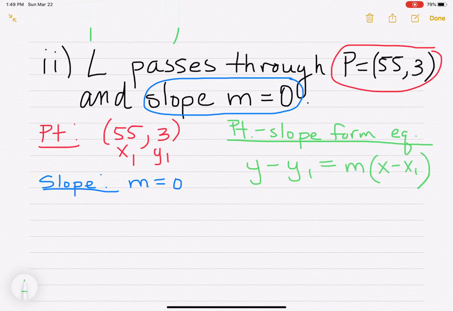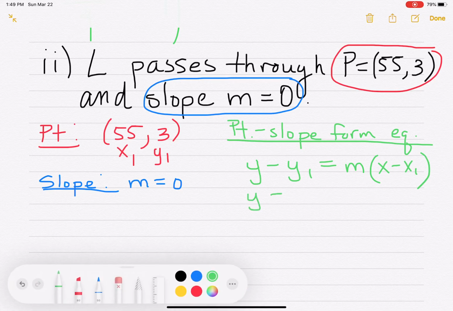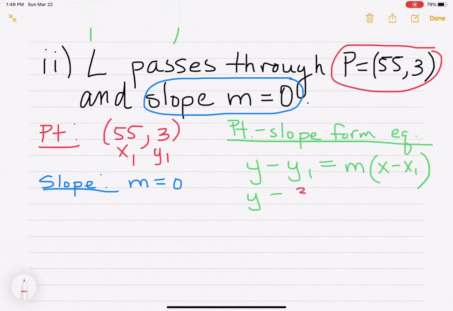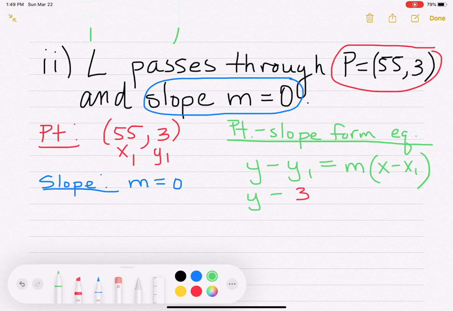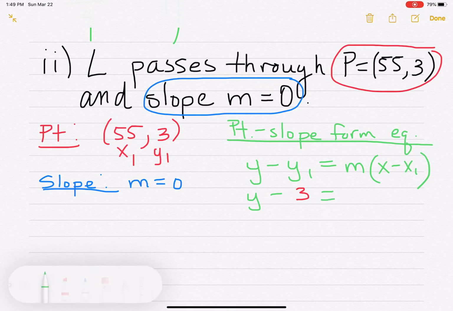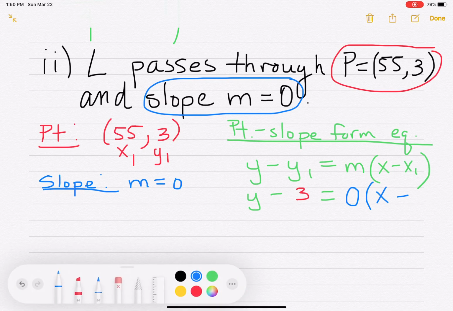So plug in: y minus 3, right? y1 was 3, equals what? 0, right? m is 0, times x minus 55.